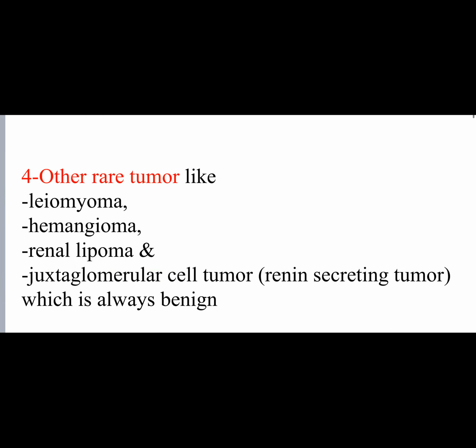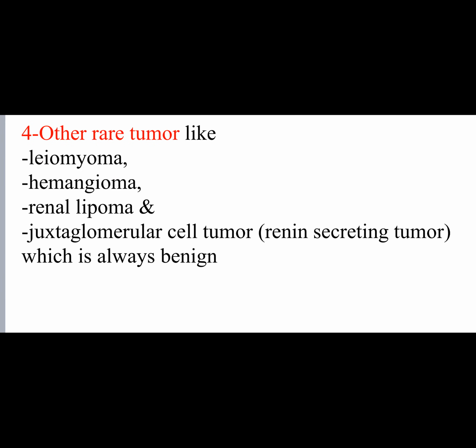Other rare tumors include leiomyoma, hemangioma, renal lipoma, and juxtaglomerular cell tumor. The juxtaglomerular cell tumor, as known, is made of renin-secreting cells present in the renal tubules.